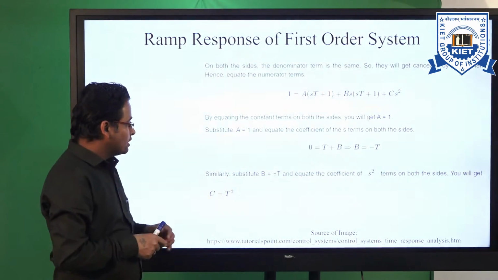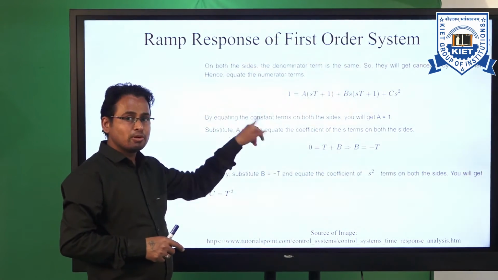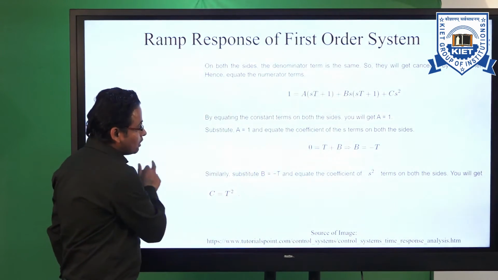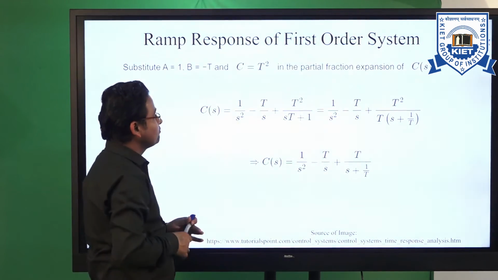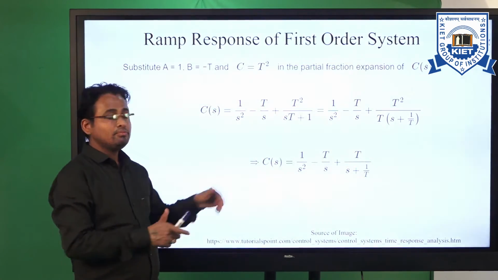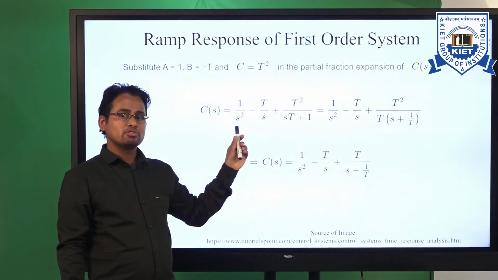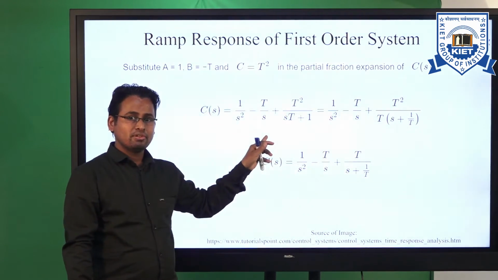Now calculating all the values, that is the simplification of this particular partial fraction expansion. After getting all the values, come to the next slide. This is the C(s) output response in s domain after applying partial fraction.